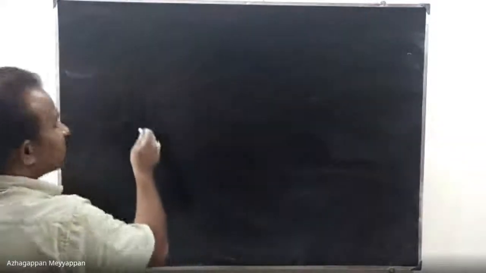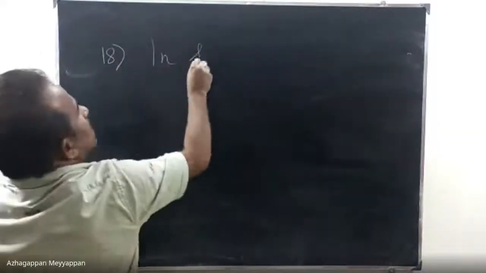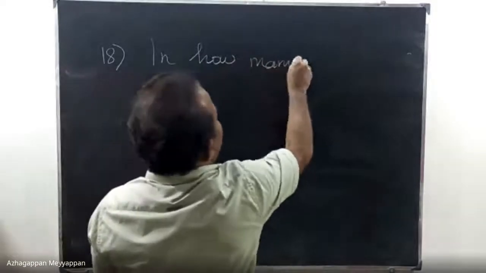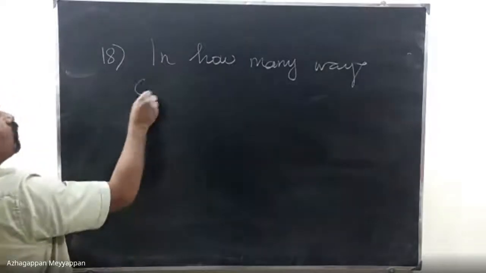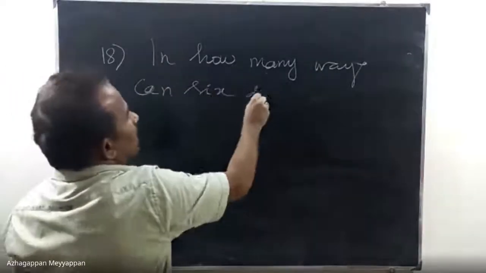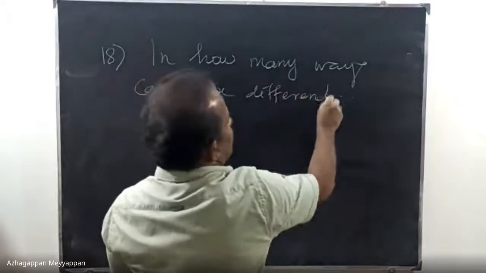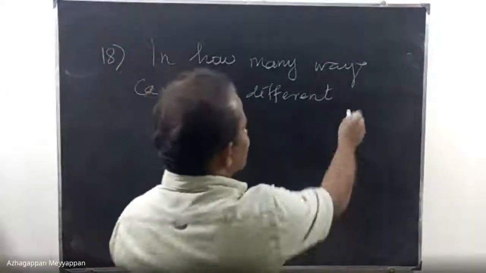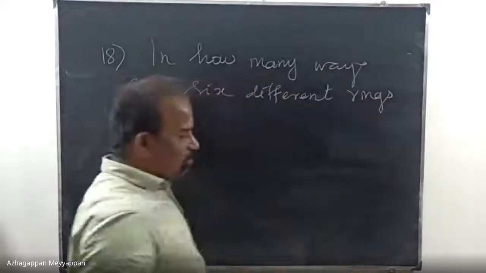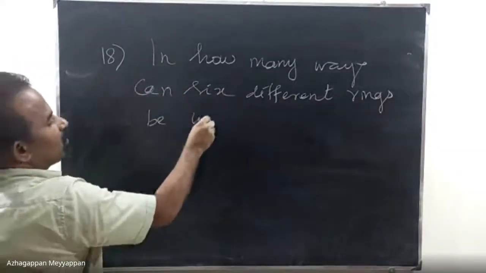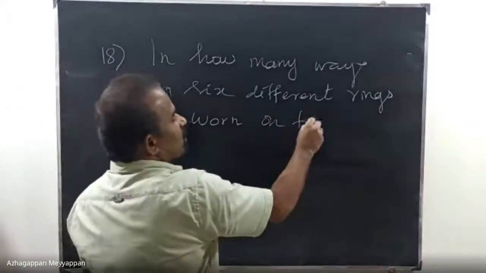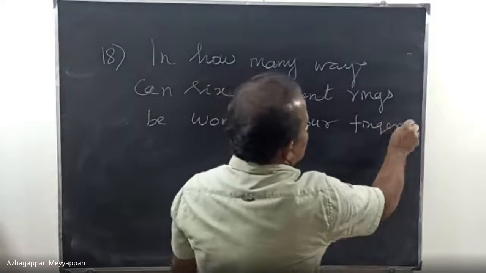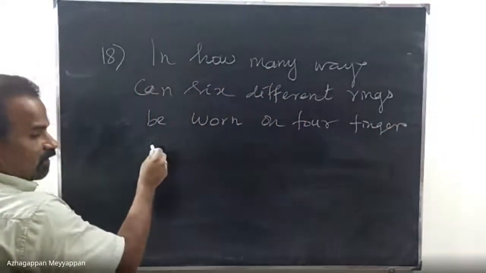The next question is, in how many ways can 6 different rings be worn on 4 fingers of one hand.